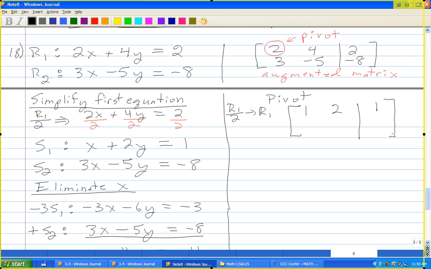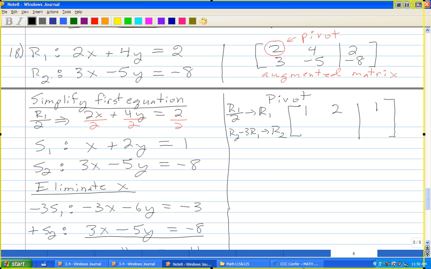Next, I want to make whatever is below the pivot equal to 0. And so I'll multiply this new first row by -3 and add it to the second row to get the new second row.